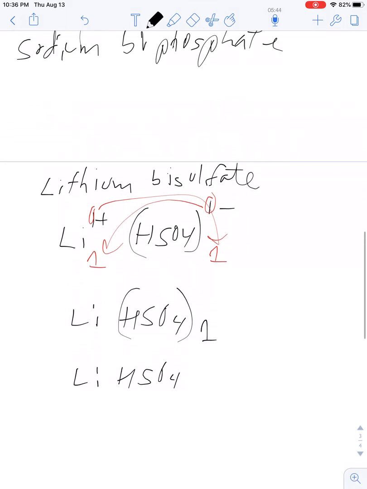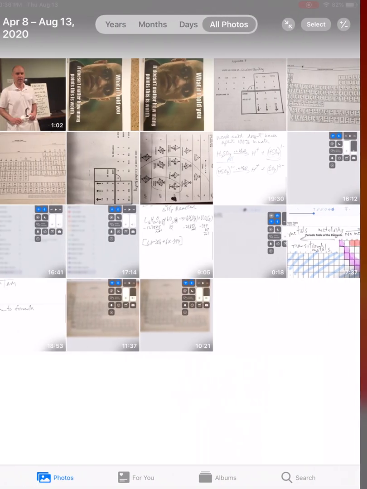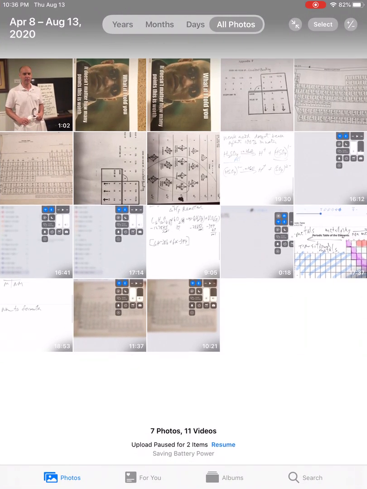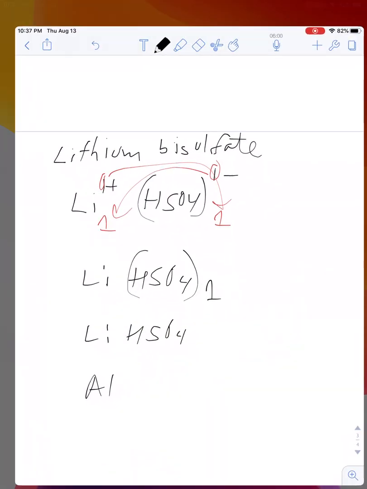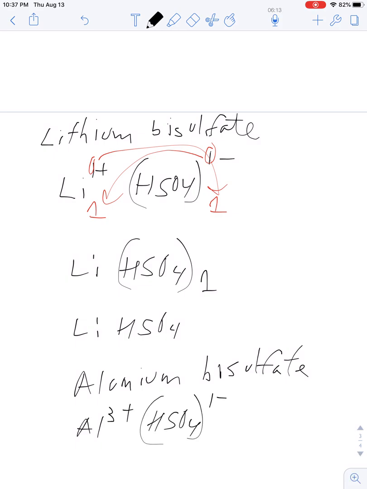But if the number outside the parentheses is, let's say like this, aluminum, let's do aluminum, if you had like aluminum bisulfate, well then aluminum's got a +3 charge, bisulfate it's got this, so when I crisscross, a 1 would go there and a 3 would go there.